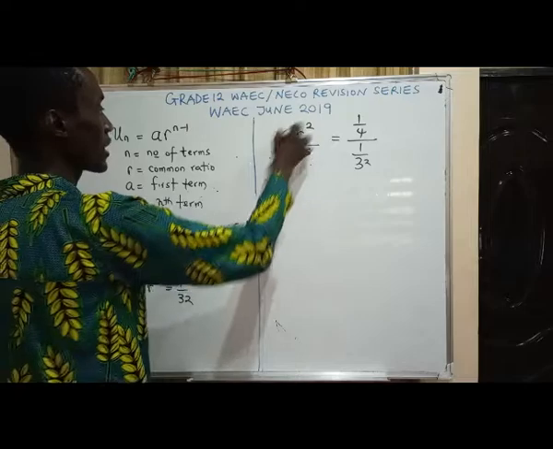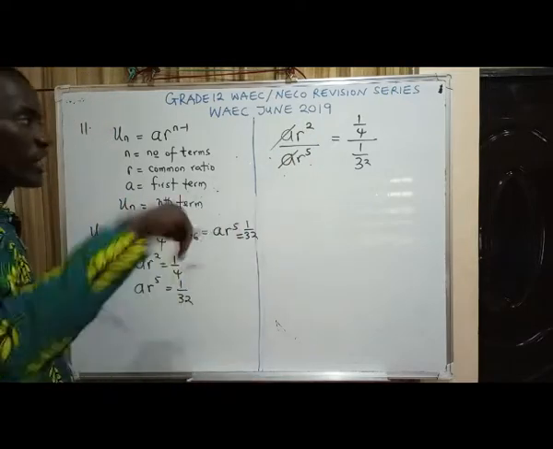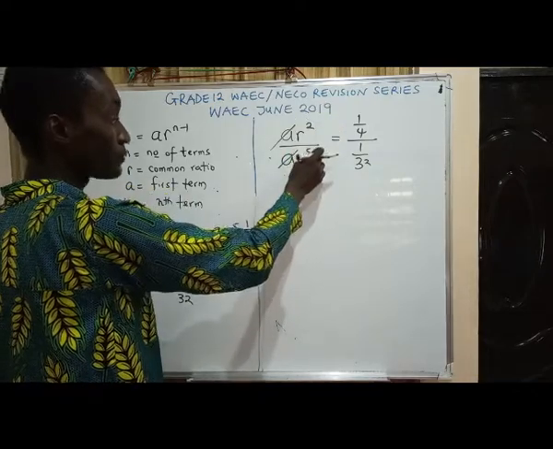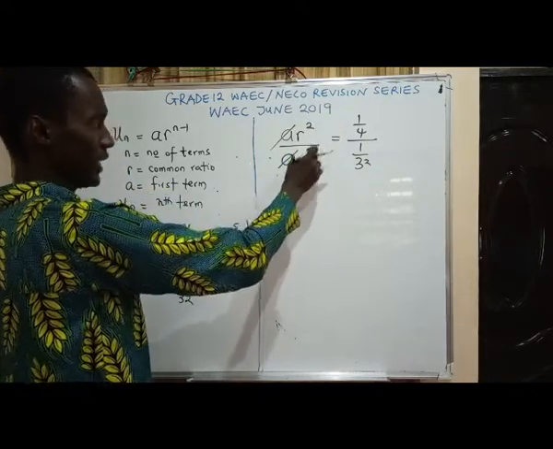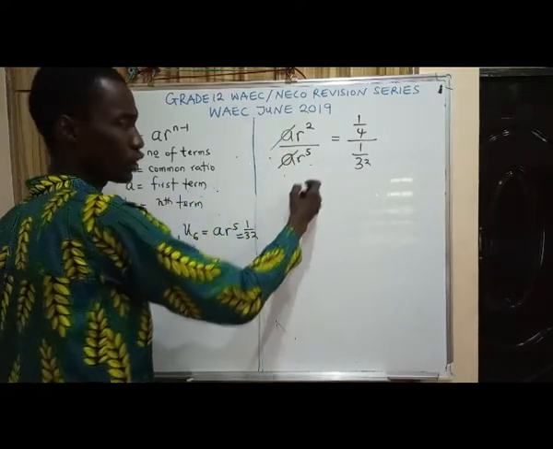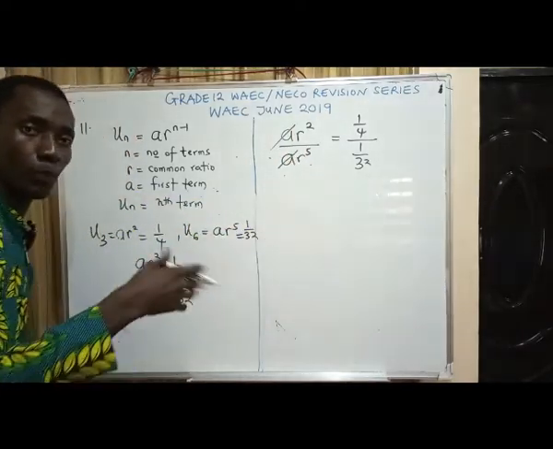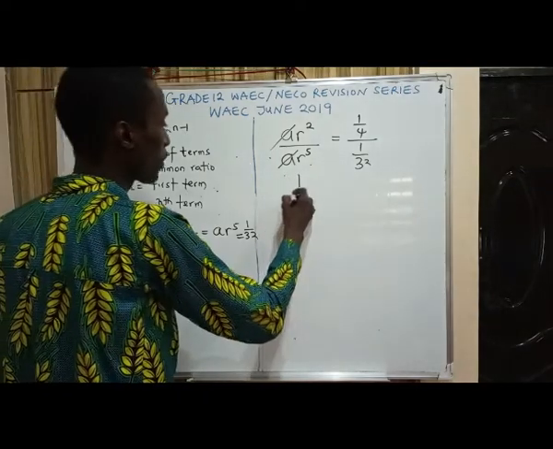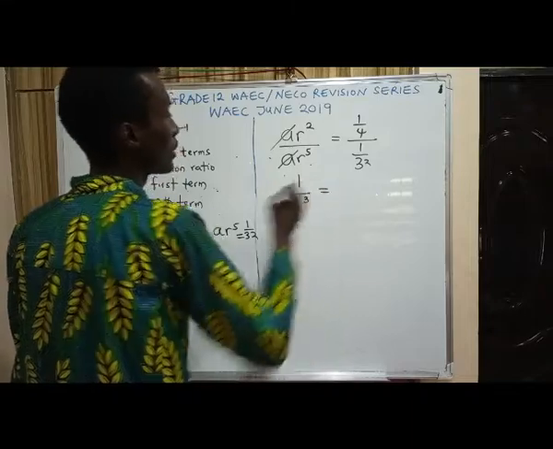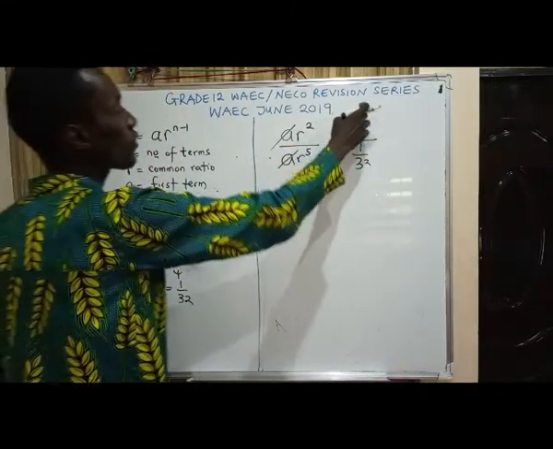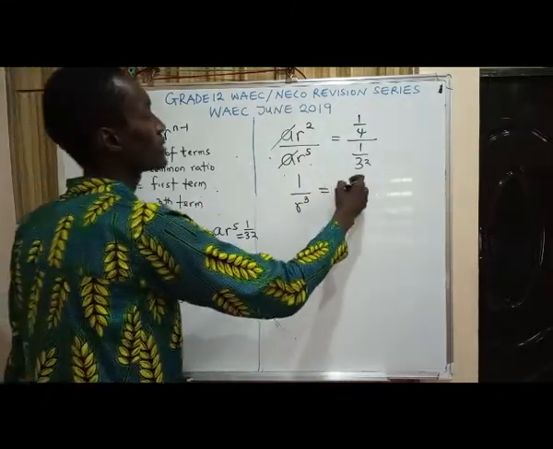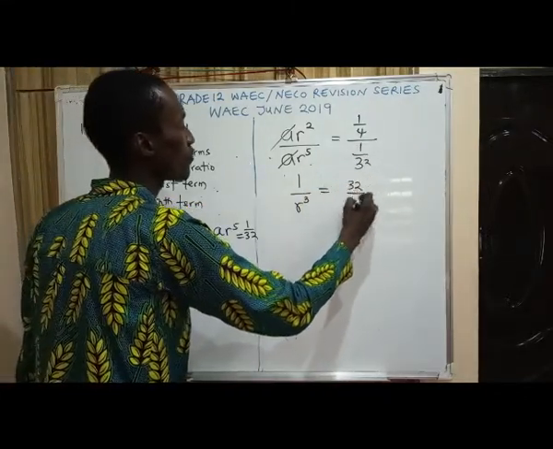You discover that this easily cancels out, and if you apply your knowledge of indices, 2 minus 5 will give me negative 3. The negative 3 will suggest that this value should be on the denominator, conversion of negative index to positive index. So that will be 1 over R raised to the power of 3. Now, 1 over 4 divided by 1 over 32 would imply 32 over 4.